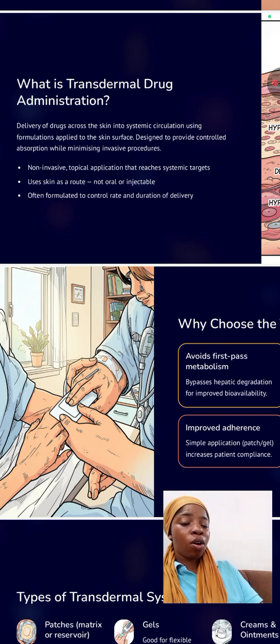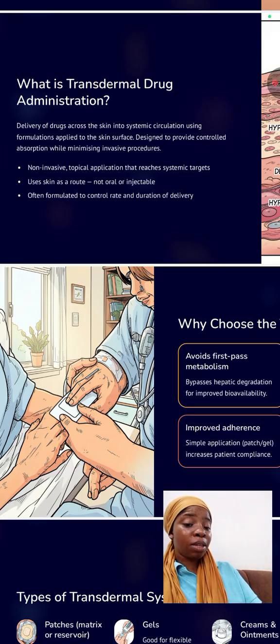One of these procedures we are talking about is a non-invasive topical application that reaches systemic targets.